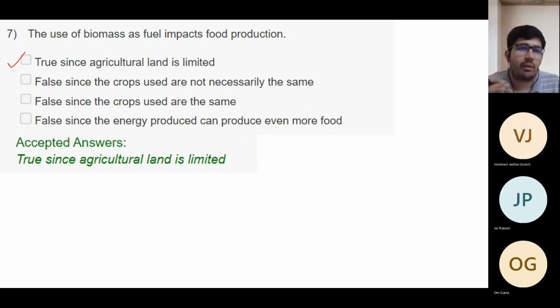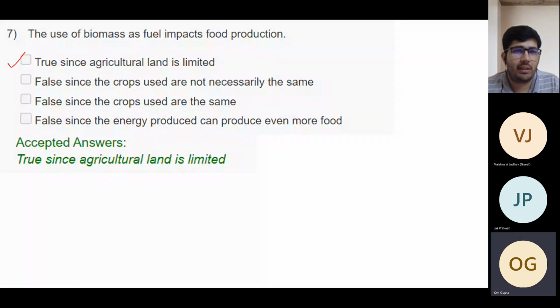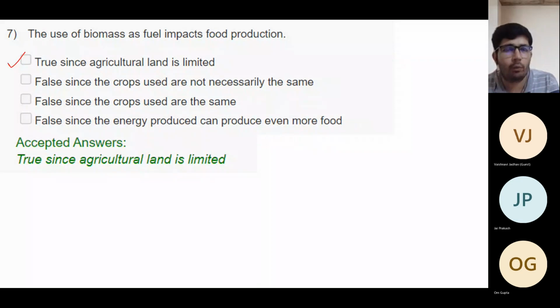Whenever you put the anaerobic condition, the anaerobic bacteria will not differentiate. They will not say I will only digest the residue. If you put a complete food crop, a complete agriculture crop in the anaerobic reactor, that bacteria will happily digest that food crop and will generate biogas and different products.